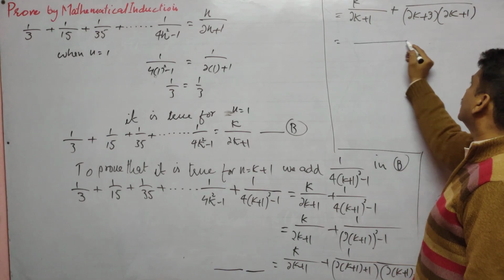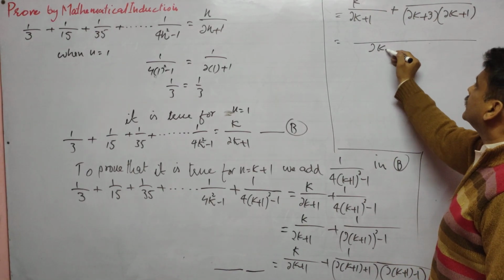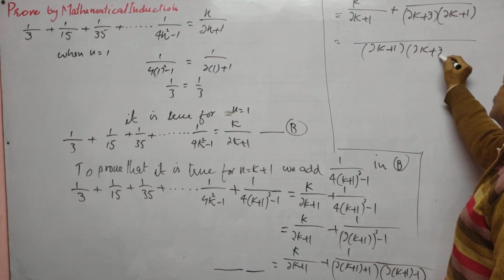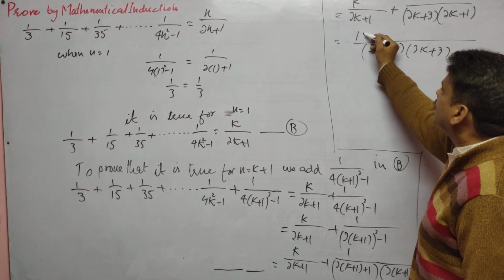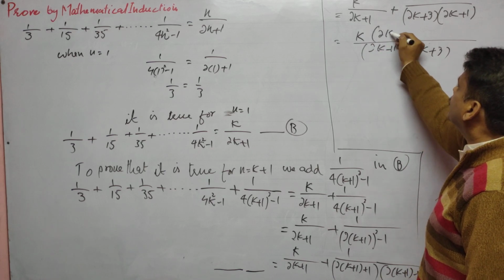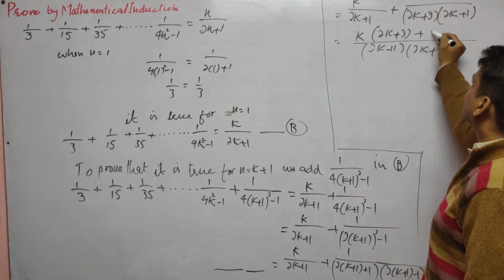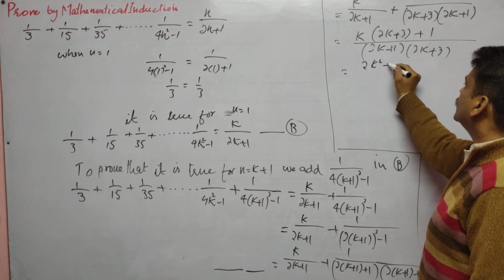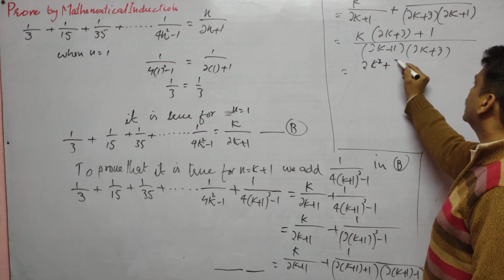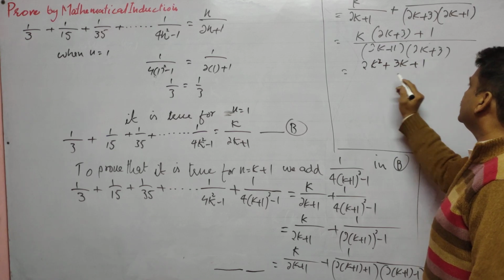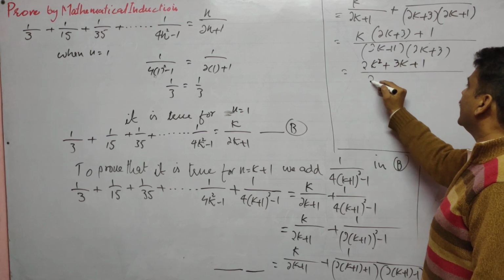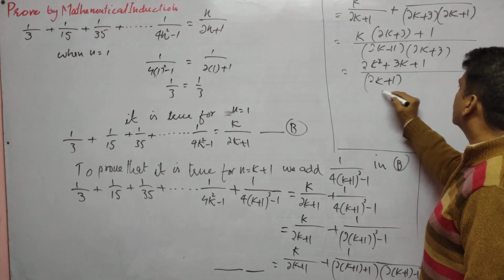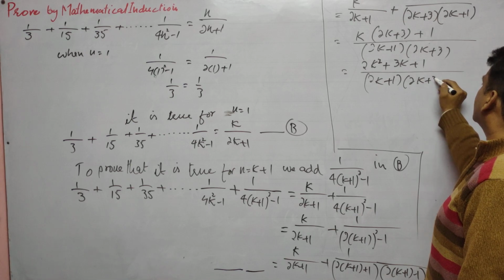By taking (2k + 1)(2k + 3) as the LCM, we will get (k(2k + 3) + 1)/((2k + 1)(2k + 3)). After multiplying, we get (2k² + 3k + 1)/((2k + 1)(2k + 3)).